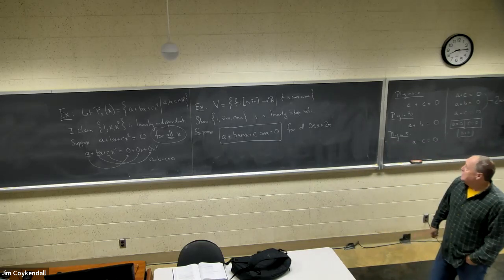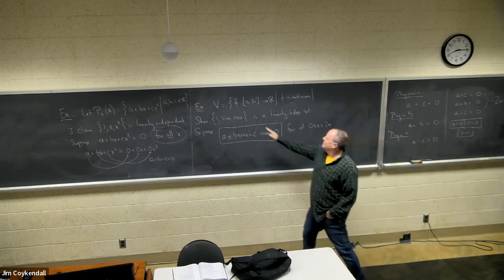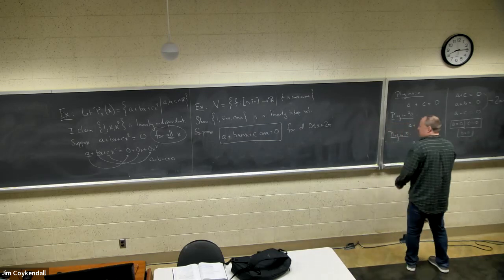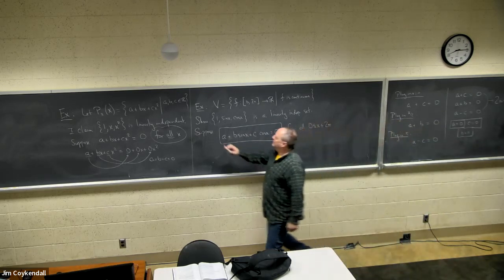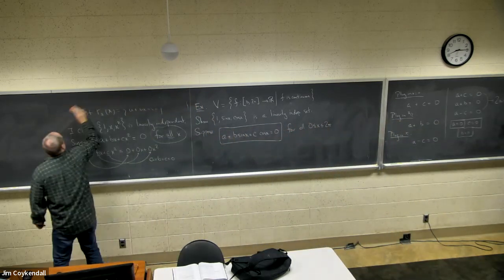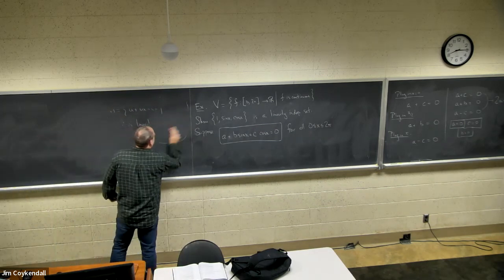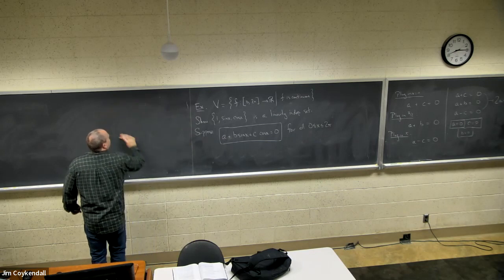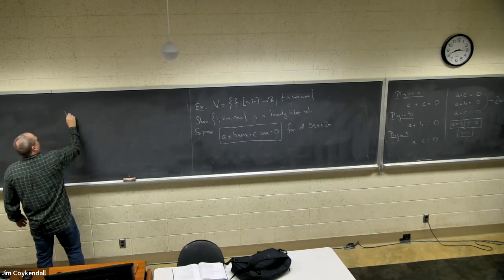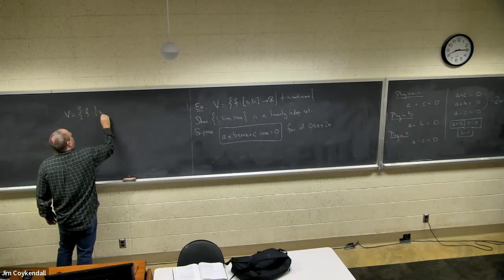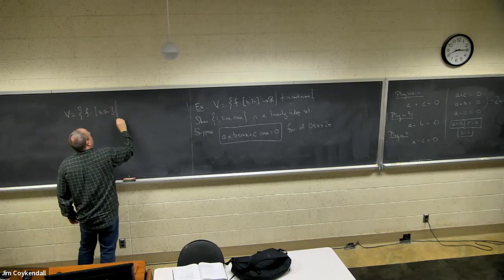Tangent's not continuous on the interval. The tangent of pi over 2 doesn't exist. Let me ask you this. Same example.